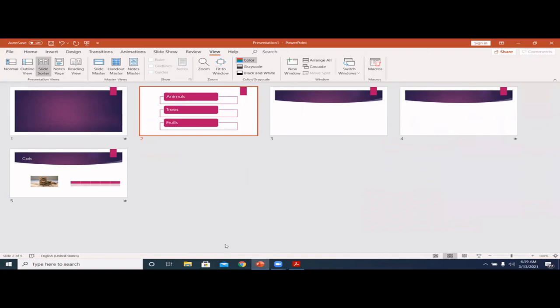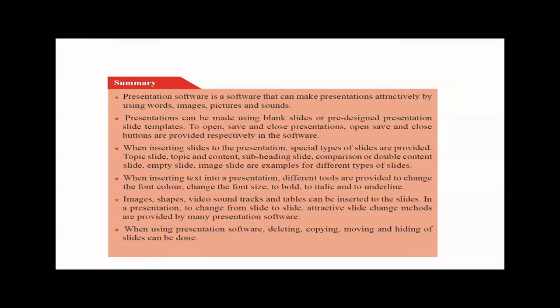Slide sorter view. In this chapter, we talked about presentation. So we have used the presentation software to create presentations. You can make it more attractive. You can use words, images, pictures, and these things. So you can start with blank slides, or you can use pre-designed slide templates also, right?